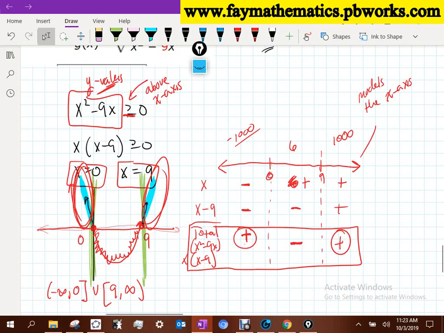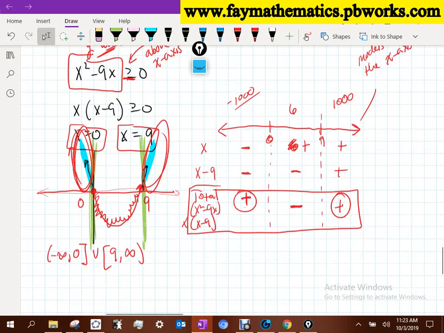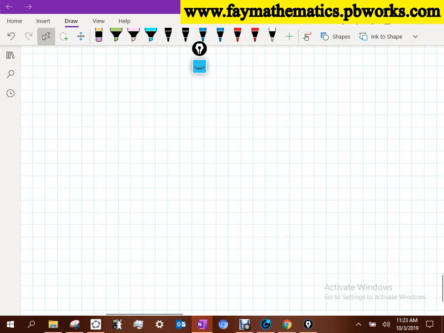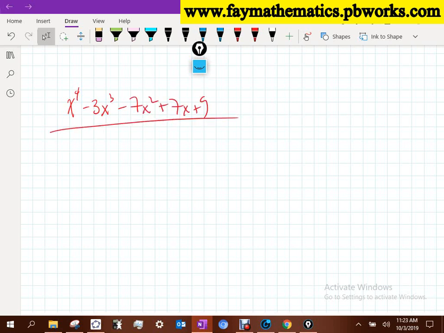Eventually, we'll talk about cubics. If you understand cubics, maybe you don't need a sign chart. But eventually, chapter 4 will be something like x to the 4th minus 3x cubed minus 7x squared plus 7x over, or plus 9 over maybe 3x squared minus 6x plus 9.